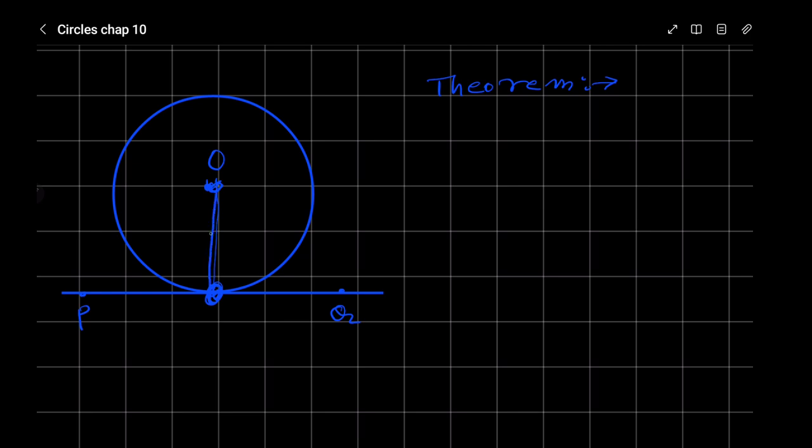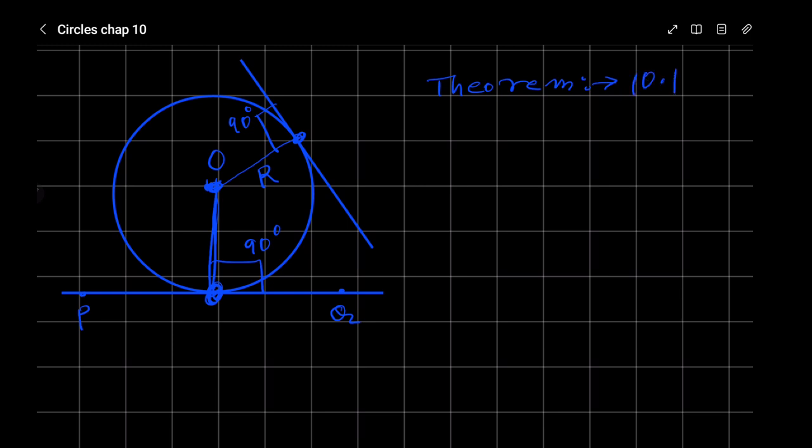So if we draw a line, which is a radius by definition, it will always be 90 degrees. And wherever you make a tangent, it doesn't matter. Even if the tangent is here, if you draw a line from the center to the point of contact, which again will be a radius, that will also be at 90 degrees. So it will always be perpendicular.